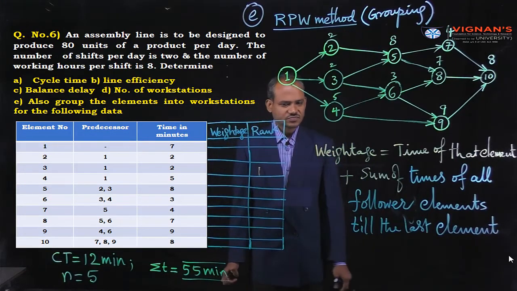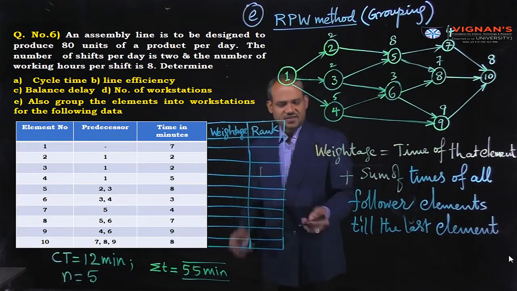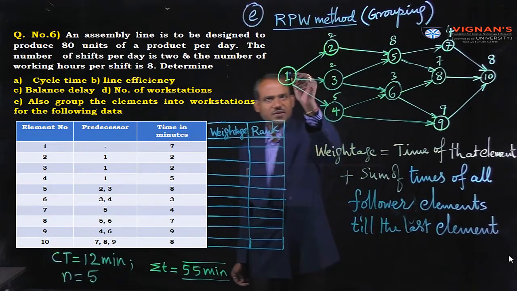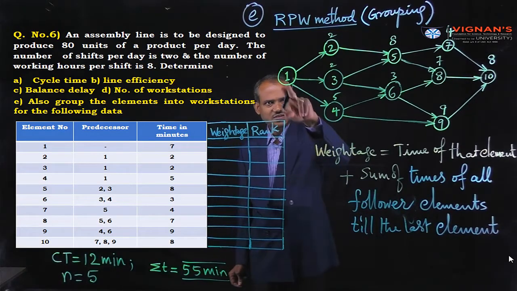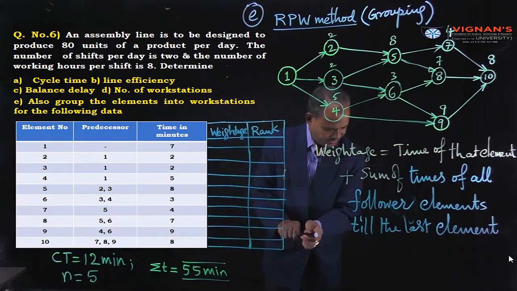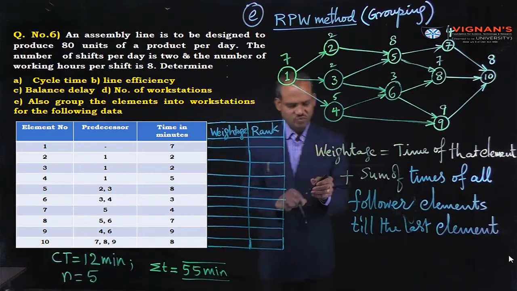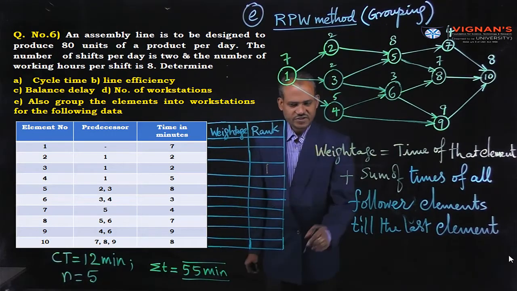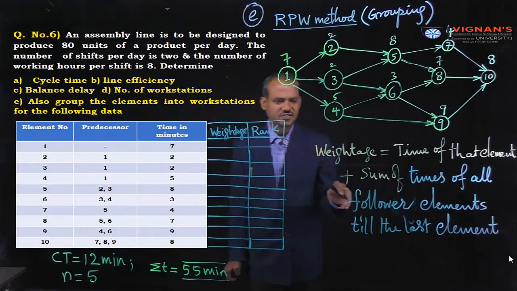Okay. Now, first consider work element number 1. Apply this formula. What is the time of this element number 1? This is 7. I forgot to write the timing. First, the weightage of work element number 1 we are going to calculate.